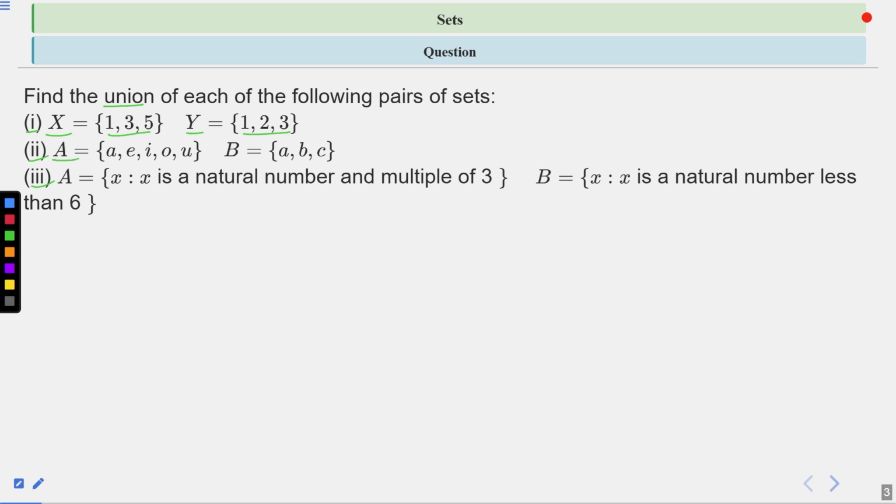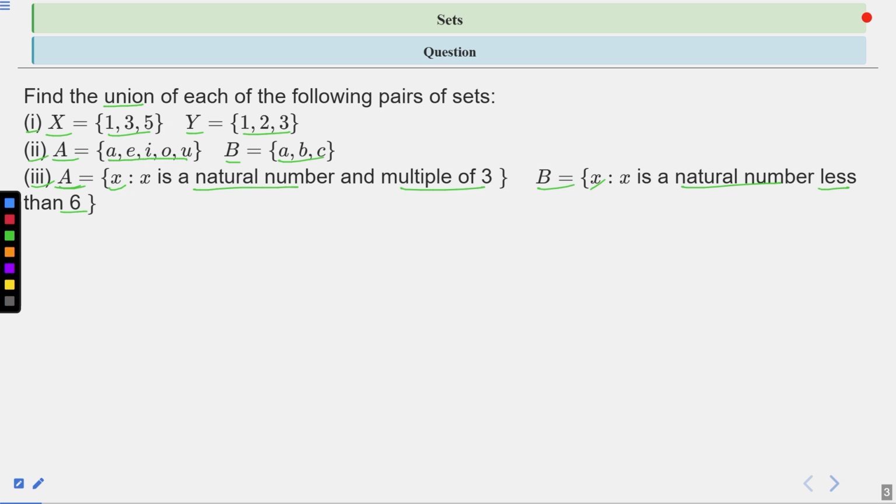In the second, set A with 5 elements A, E, I, O, U, and set B with 3 elements A, B, C. In the third, we have sets in set builder form. A is the collection of all x such that x is a natural number and a multiple of 3. B is the collection of all x such that x is a natural number and less than 6.